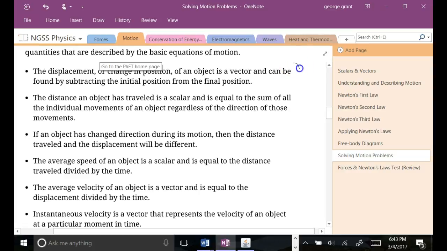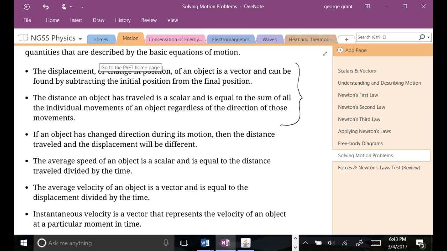Let's do an example here to illustrate the difference between distance and displacement. So if you walk a mile to school in the morning and a mile home in the afternoon, your distance would be 2 miles, but your displacement would be 0.